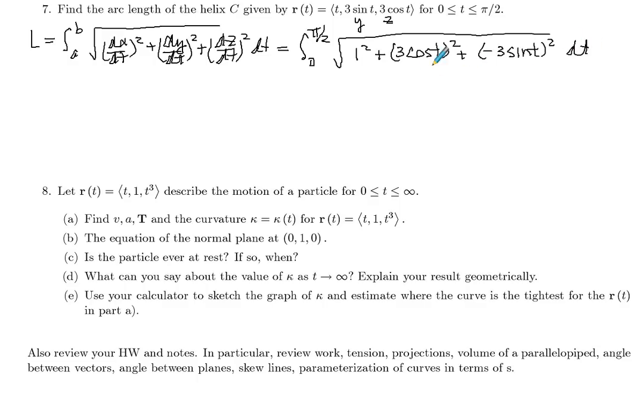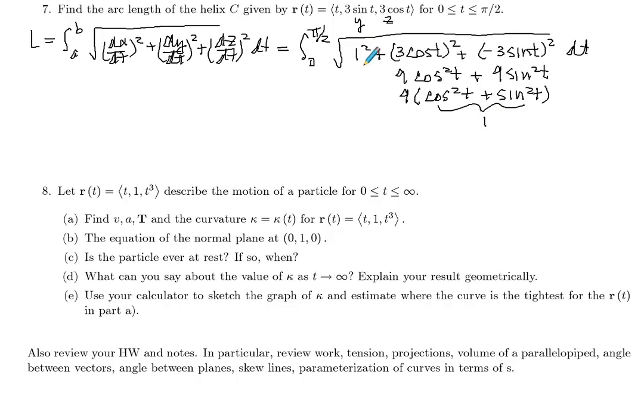And if you square these, here you'll get 9 cosine squared t, plus here you'll get 9 sine squared t. And you can factor that 9 out, and you'll have cosine squared t plus sine squared t, and this is equal to 1.